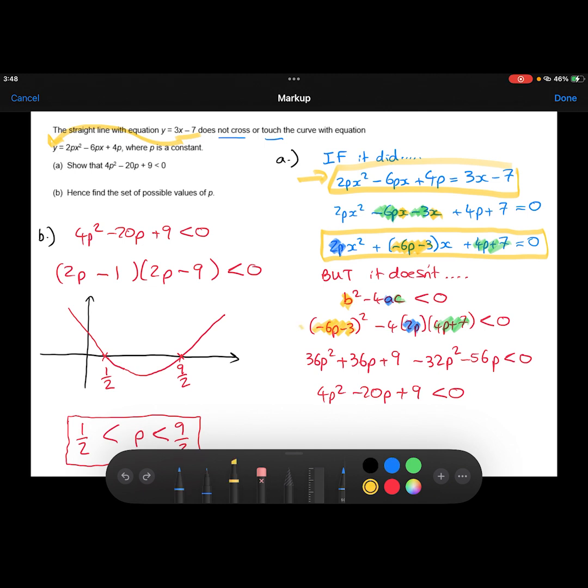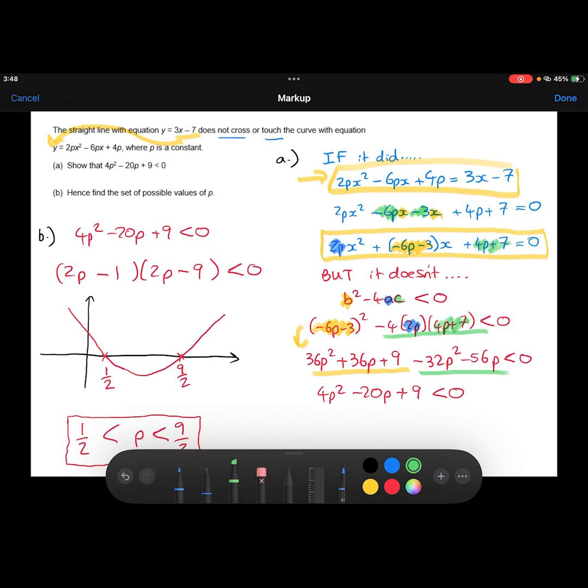Right, expanding these brackets here, we get the 36p squared plus 36p plus 9. Then expanding these brackets here, we get the minus 32p squared minus 56p. And again, that has to be less than 0.